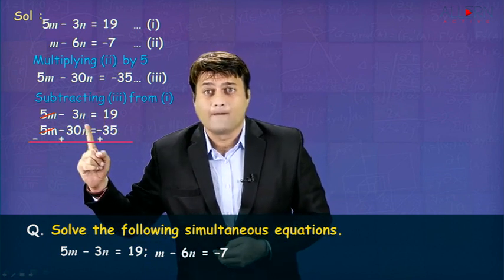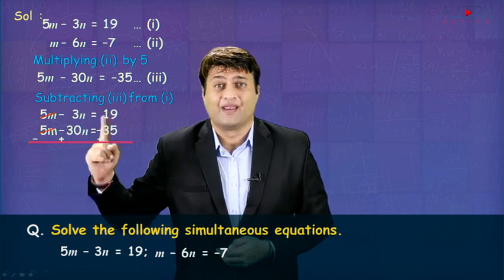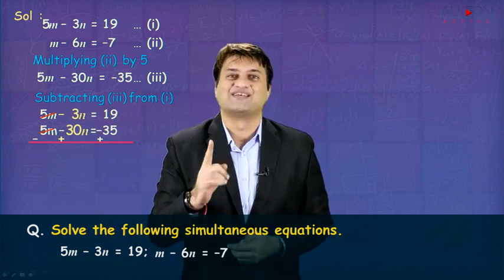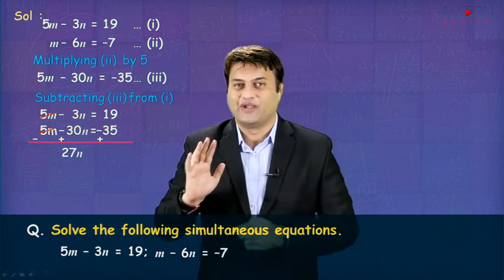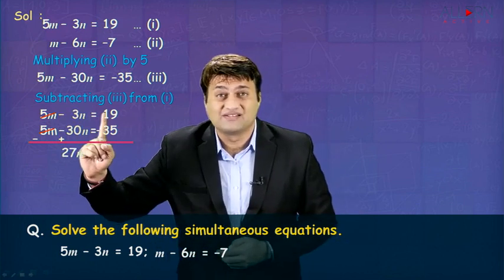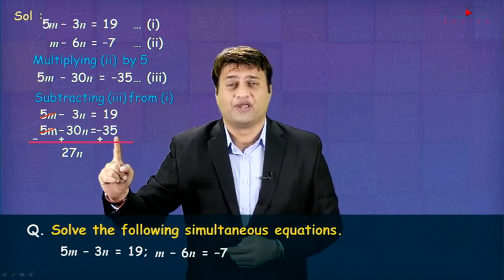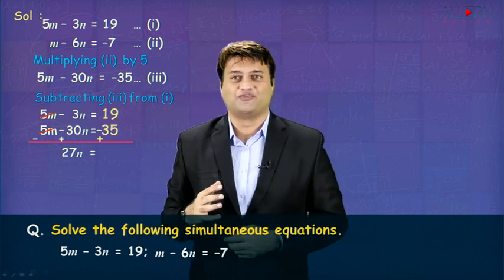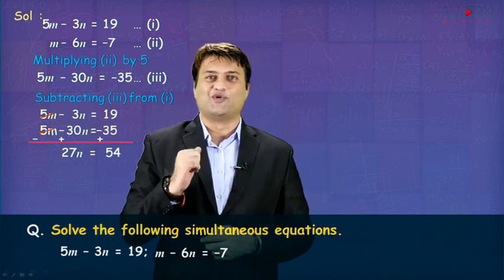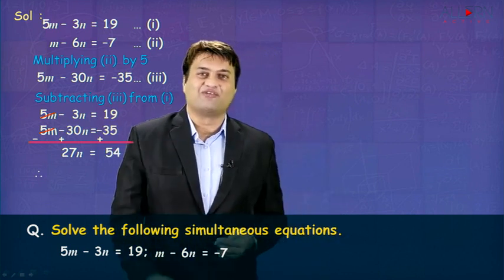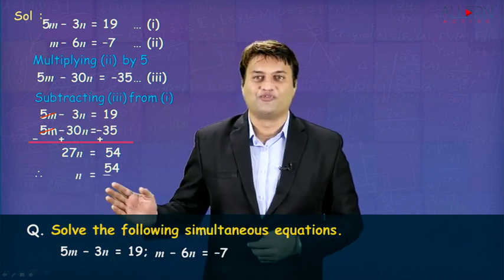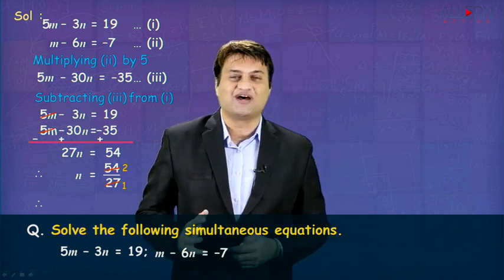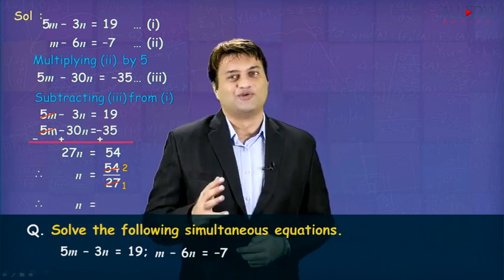Minus 3n plus 30n, minus 3 plus 30 is plus 27, so 27n. Plus 19 plus 35 is plus 54. So you get 27n is equal to 54. You get the value of n is equal to 54 upon 27. 27 ones are 27, 27 twos are 54, so you get n is equal to 2.